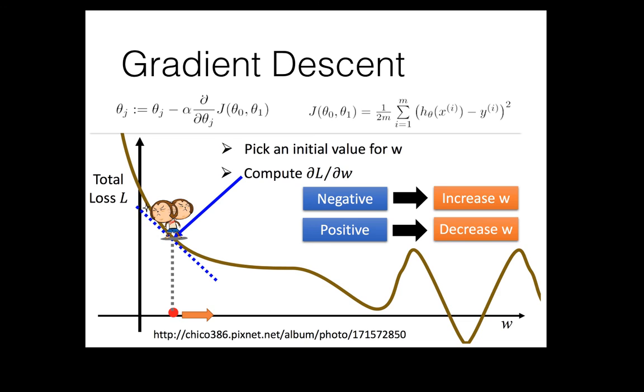Okay, I found this picture to show you how it works. We set the default value of theta 0 on the picture as the red point, and its value is W. The total loss L in the picture is just the formula J we just saw. And after computing the partial derivative, we get the slope of this blue dashed line.